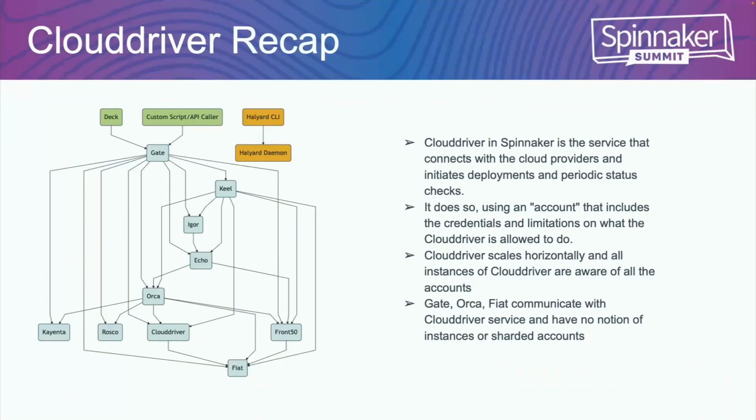Just to give a recap on Clouddriver and what the issues are: Clouddriver is essentially the Spinnaker service that connects to cloud providers, deploys, and gets the state from the cloud providers. It has an account model which has RBAC on top. So who can deploy to those accounts or who can view data from those accounts is specified on top of the accounts for these Clouddrivers.